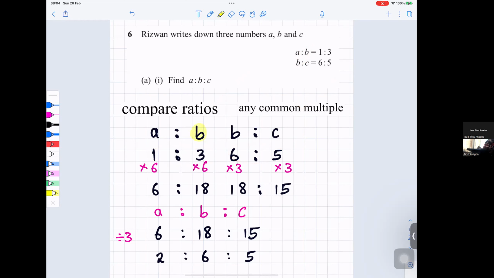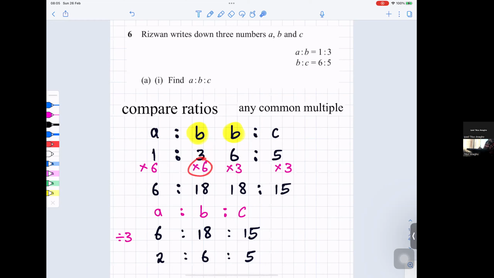Because they both have B in them, we want to use a common multiple to make B the same. So we got 3 and 6. A common multiple we can just multiply this one by 6 to make 18, and multiply this one by 3 to make 18. What we want is to make B the same.